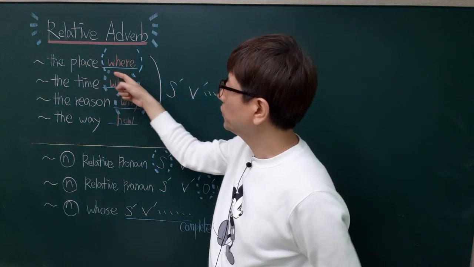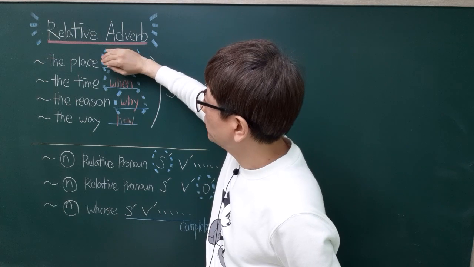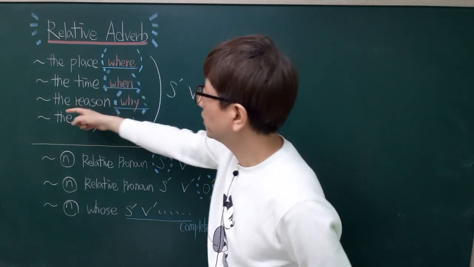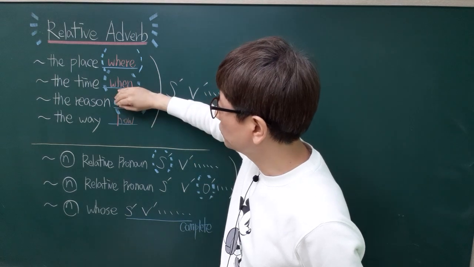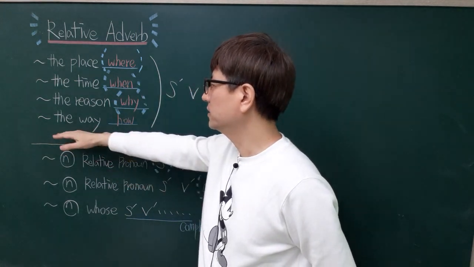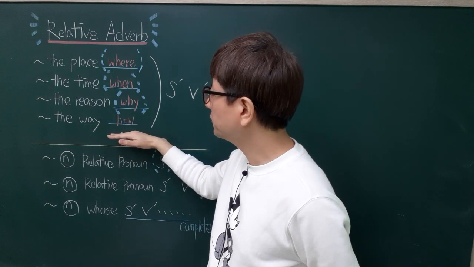So the place where is okay, place is okay, the time when is okay, time is okay, reason why is okay, reason is okay. But the last case has a different story.